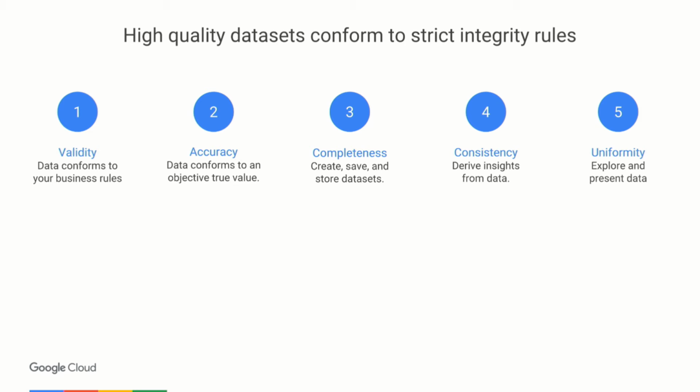Dates have to be properly formatted. Another example is about completeness. You want to make sure that you have all the data that you need. If there are some missing values, you have to be able to deal with that and maybe fetch the proper information to complete that data. Uniformity is also an important rule. You want to make sure that, for example, numbers are in the right unit so that you can do proper calculations.